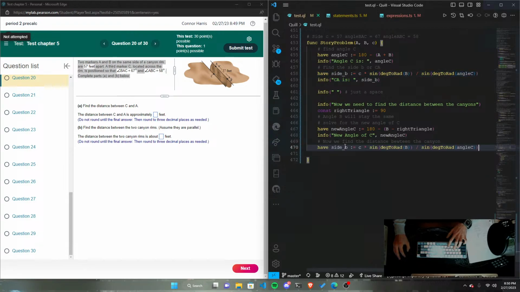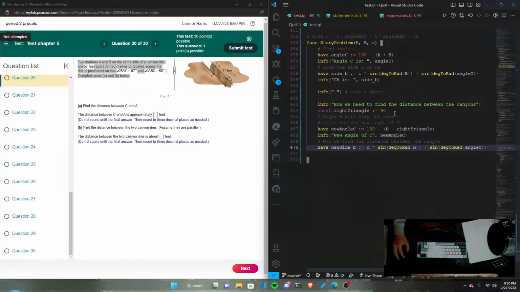So we can copy this, paste this, and we're going to say the new side of B is equal to the C, because our C stays the same, right? Should be 28.5. Oh, it wouldn't be the new C because we need to take a normal C and split it down.